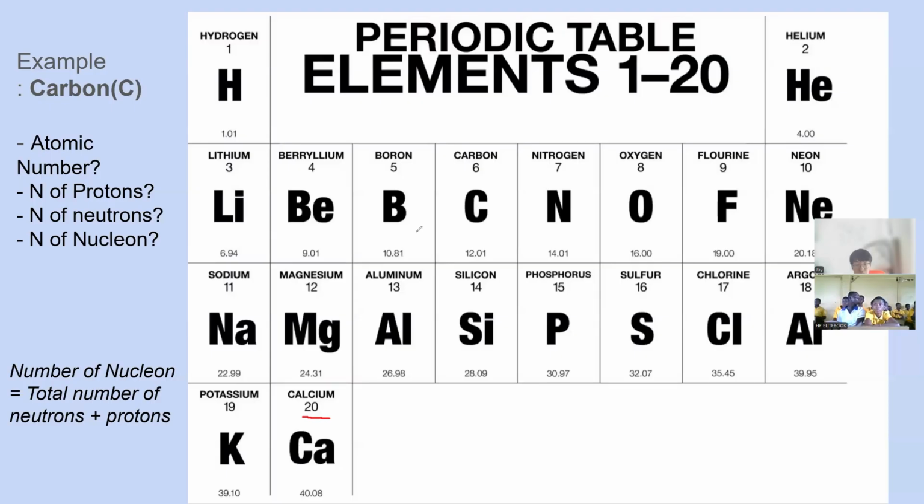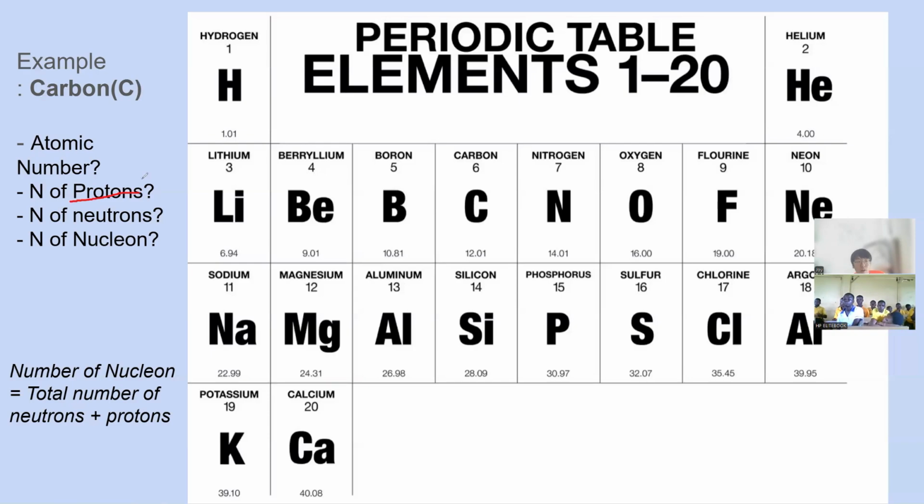Remember that the number shown at the top of each element is called the atomic number, and atomic number equals the number of protons. We've learned about this.